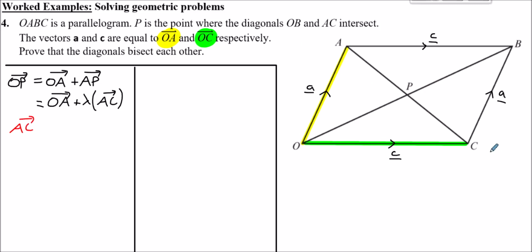To go from A to C, we could go from A to O, and then from O to C. But from A to O is the opposite direction, the same distance but the exact opposite direction as we go from O to A. So this is minus OA plus OC, and so minus OA is minus A plus C, and so AC is minus A plus C.